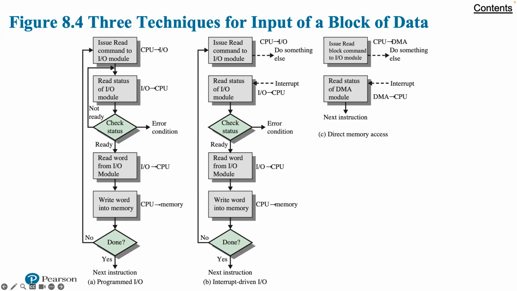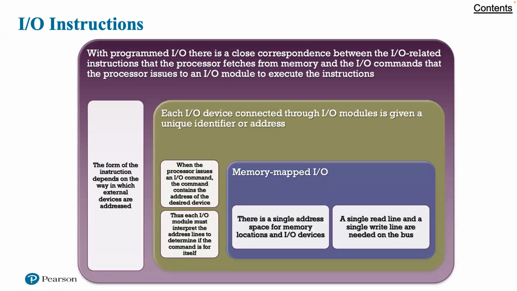For each word that is read in, the processor must remain in a status checking cycle until it determines that the word is available in the I/O module's data register. This flow chart highlights the main disadvantages of this technique. It is a time-consuming process that keeps the processor busy needlessly. And so this is an example of what we would want to be trying to move away from.